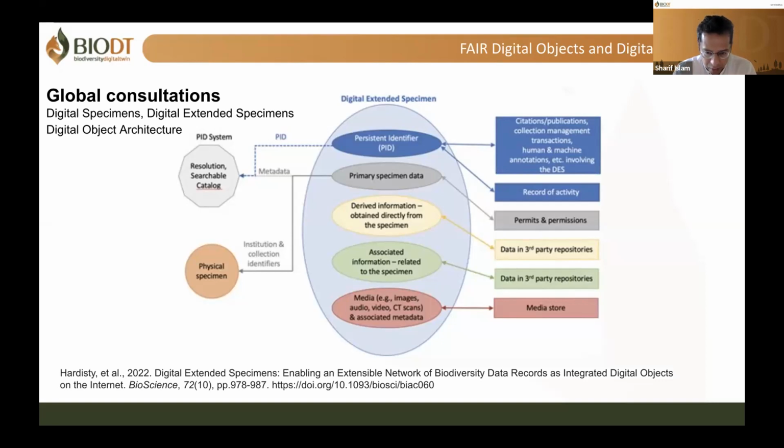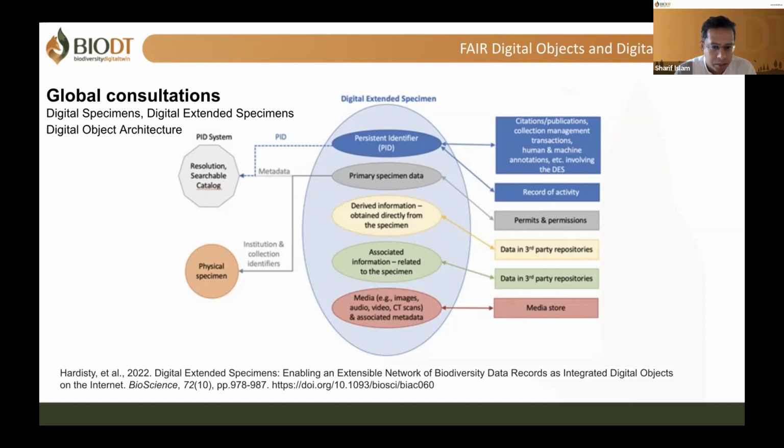So this is a very simple abstraction here, and there's a paper that recently came out. You can find the link here as well. And again, the idea is to describe these physical objects in the digital realm with a persistent identifier and a specific type of metadata.